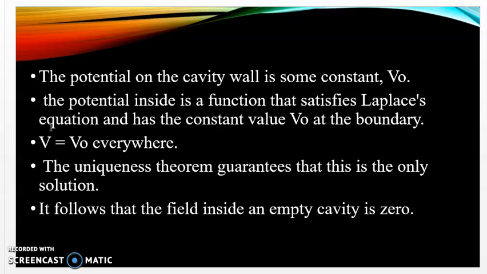The very first thing we need to know is that the first uniqueness theorem also obeys Poisson's equation.